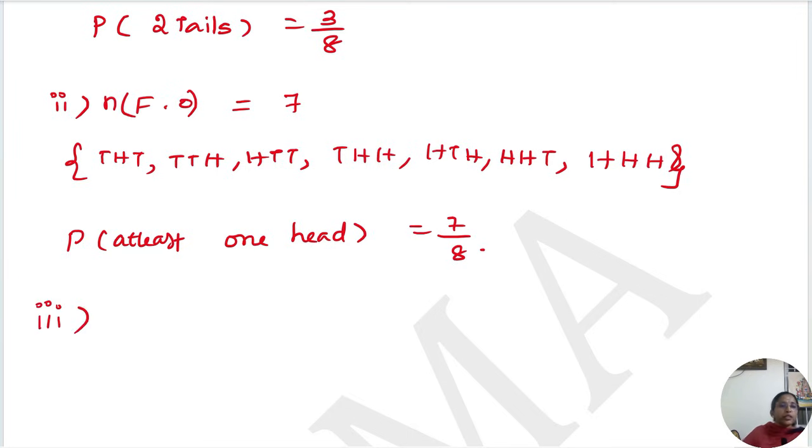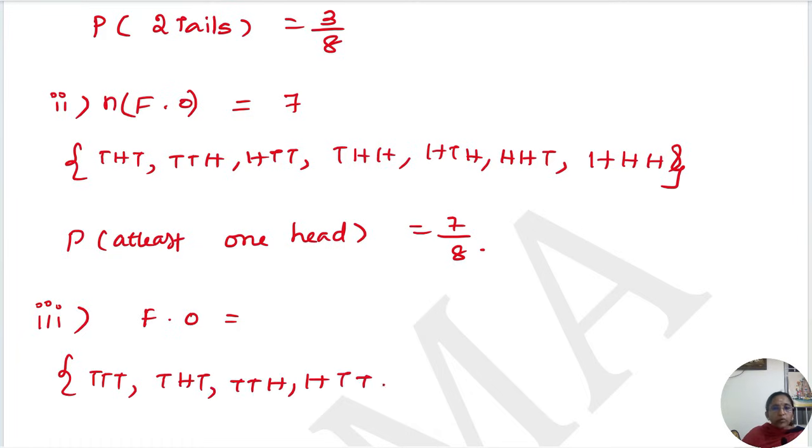And for the third subdivision, here it is at most 2 heads. At most means maximum value. So at most 2 heads we have to find. So the maximum value is 2 heads, and the minimum is 0 here. So 0 heads, 1 head combinations, and then 2 head combinations.